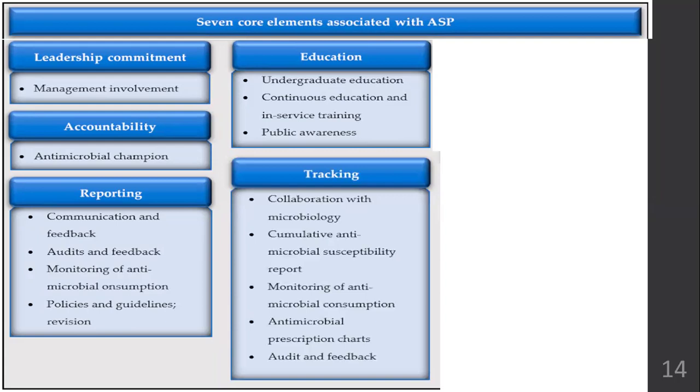Then tracking. You have to monitor antimicrobial prescribing; whichever clinicians are eligible for prescription, their prescriptions have to be monitored. And what resistance patterns do you see? Certain hospitals have certain common resistant strains of bacteria and viruses.